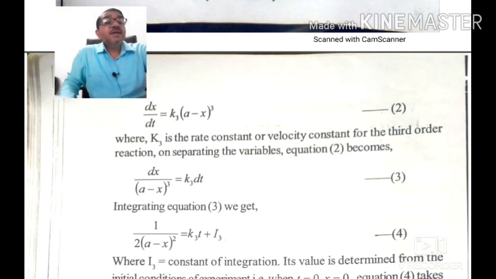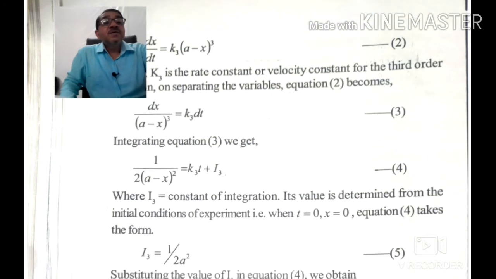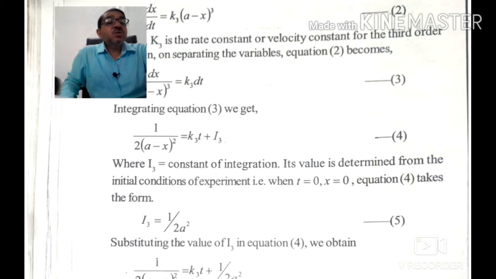Integrating equation 3, we get 1 upon 2(a minus x) to the power 2 is equal to k3 into t plus I3, where this term I3 is the constant of integration. Its value is determined from the initial conditions of the experiment, that is t is equal to 0, x is equal to 0. Equation 4 takes the form I3 is equal to half a square.